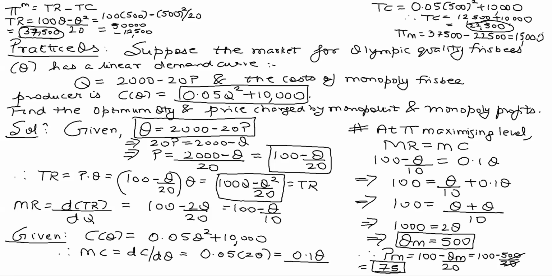So for this question, the quantity produced by the monopolist is 500 units, the price charged by the monopolist is 75, and the profit of the monopolist is 15,000. I hope all students have understood this numerical.